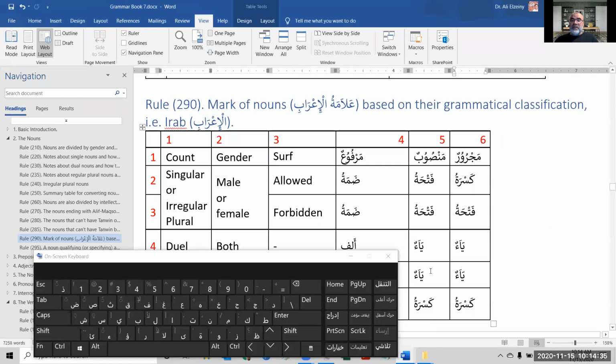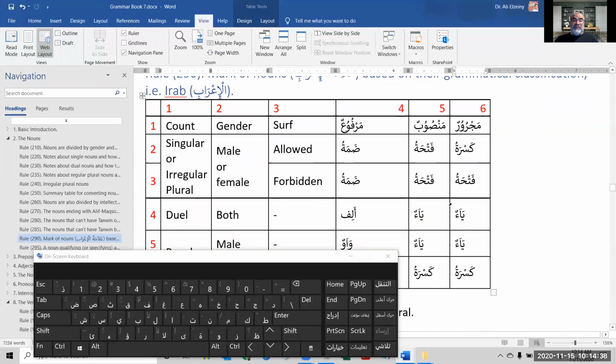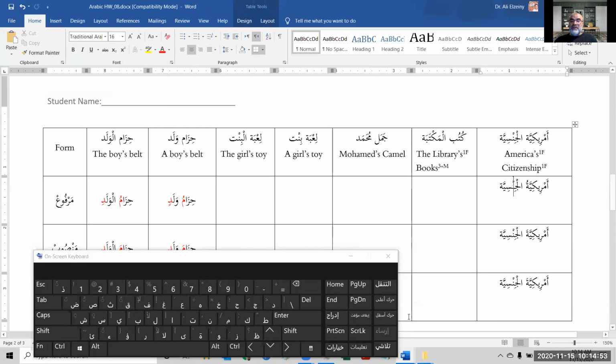If sarf is forbidden, then it's fatha. One female, fatha. So this becomes fatha, and no tanween because it has alif lam.